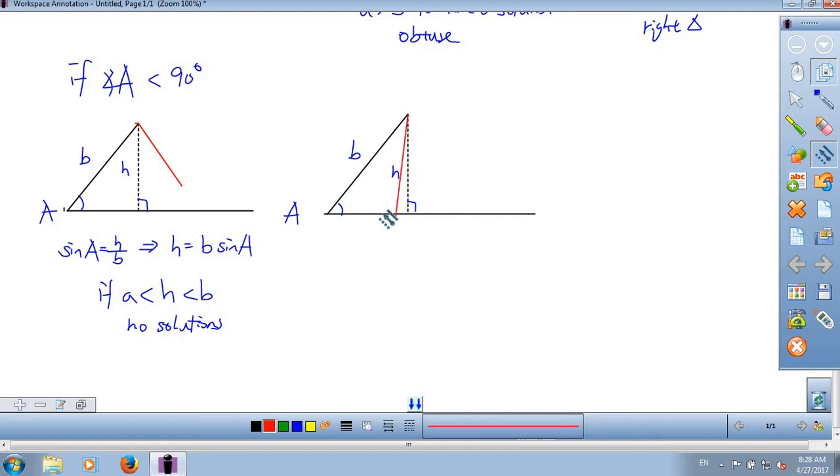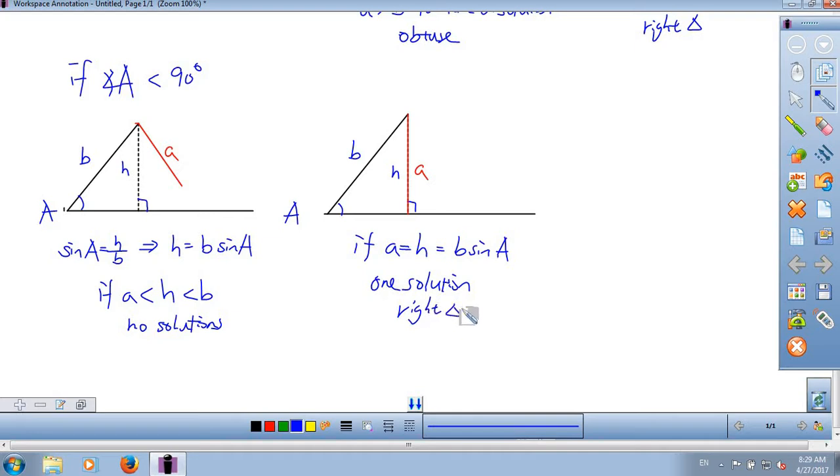If it's equal to H, then it has exactly one solution. So if A is equal to H, or B sine A, then there's one solution. The one solution is actually a right triangle.